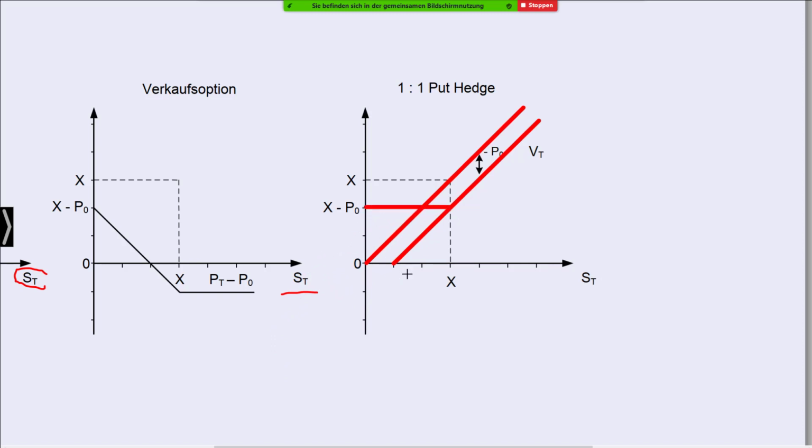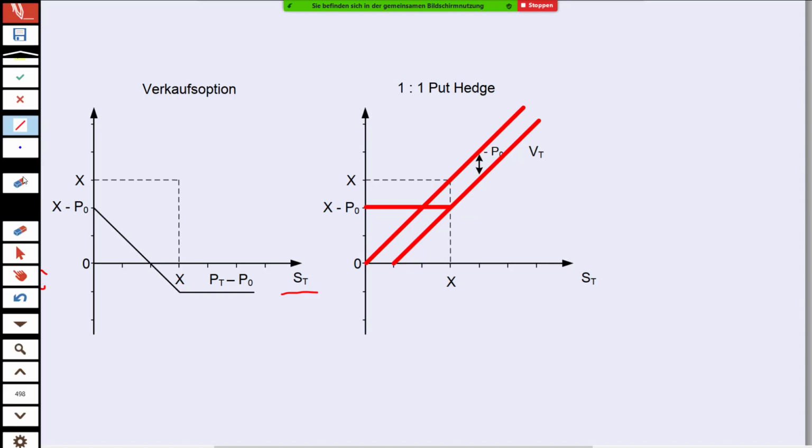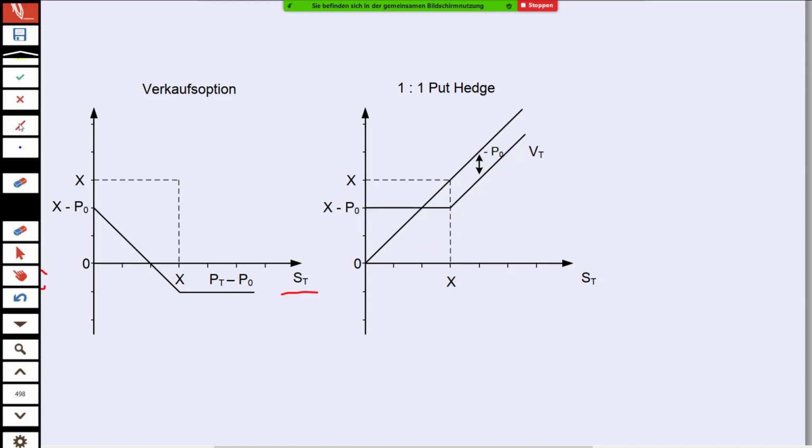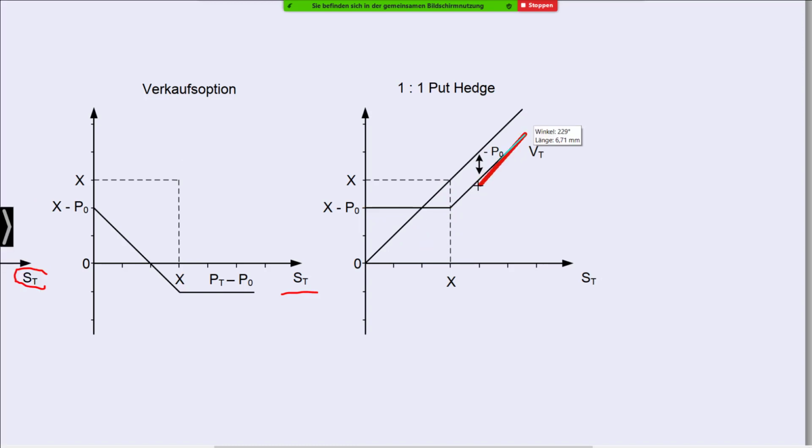So let me delete this for a moment. So actually, we are here now, and we would continue if we only had the stock. But because of the hedging effect of the put, we get this line.